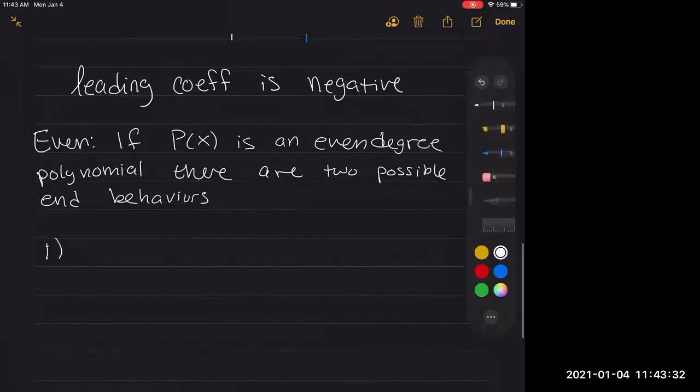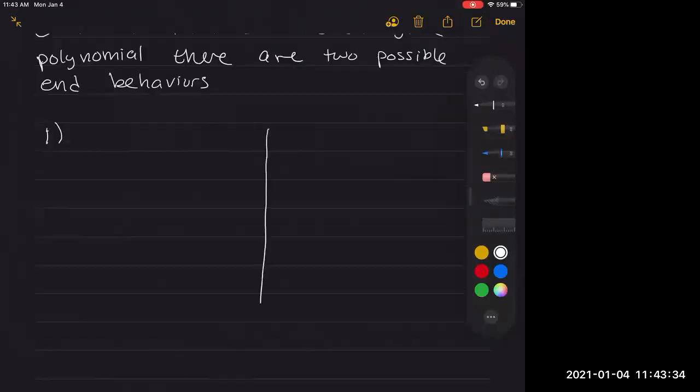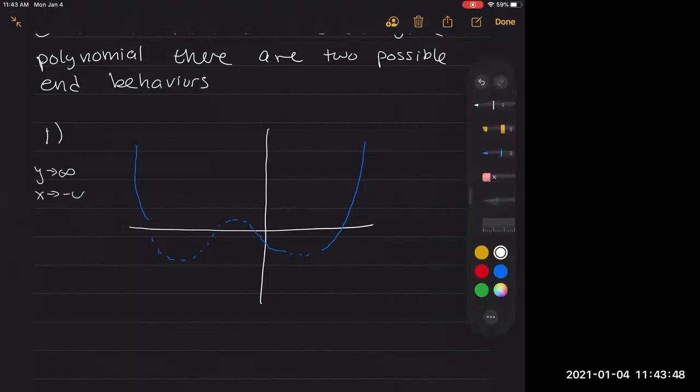For our first one, we have our graph here. Here, y approaches infinity as x approaches negative infinity, and over here, y approaches infinity as x approaches infinity. And this happens when the leading coefficient is positive.